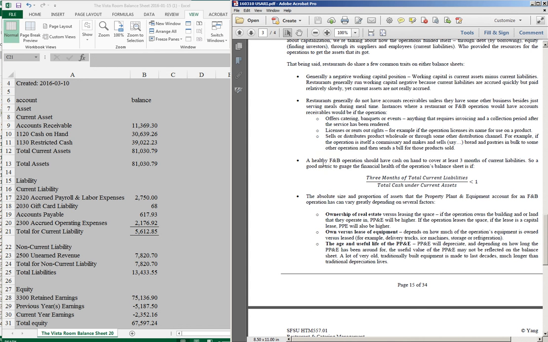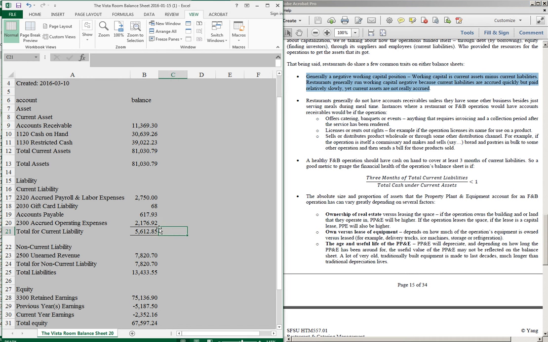Most operations are working capital negative, generally because current liabilities tend to accrue faster than current assets. The accounts payable are generally all of your vendors.